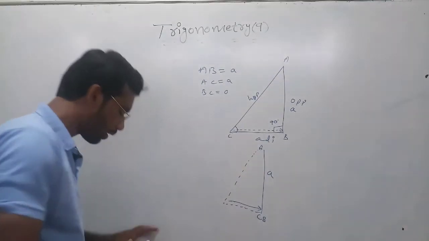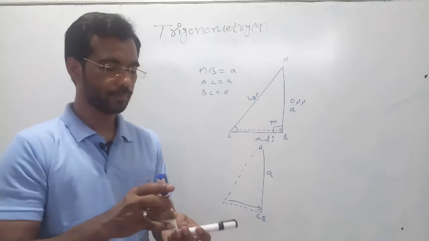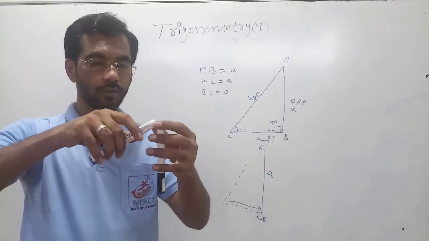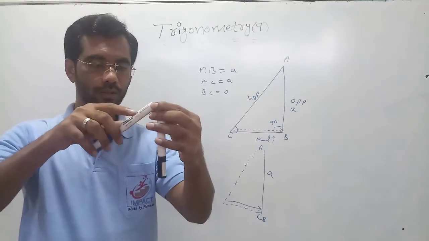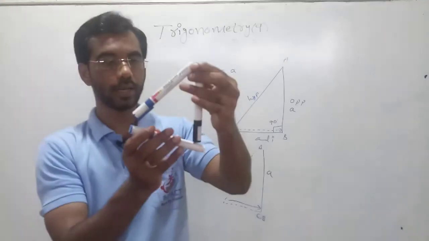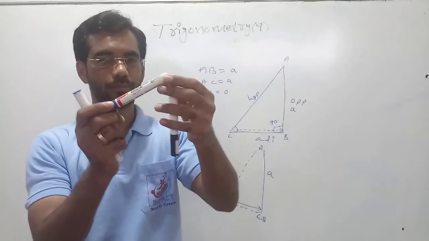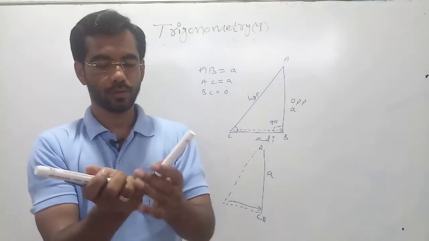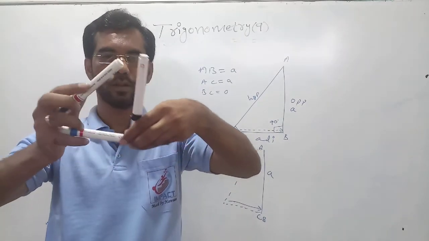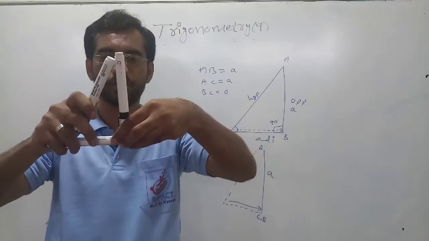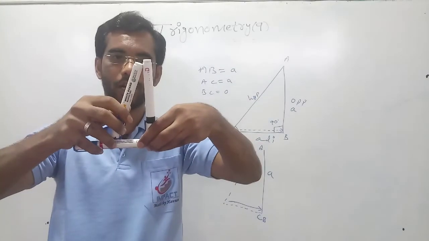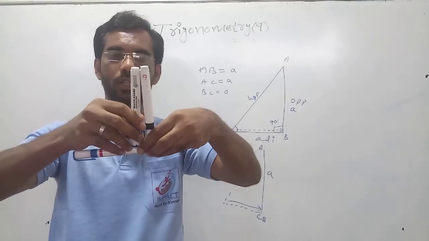For example, let me explain with these markers. I am taking this black marker and the blue marker. Here suppose it is forming 90 degrees, one straight angle. If I want to make this angle 90 degrees, what do I have to do? I have to take this towards this one.